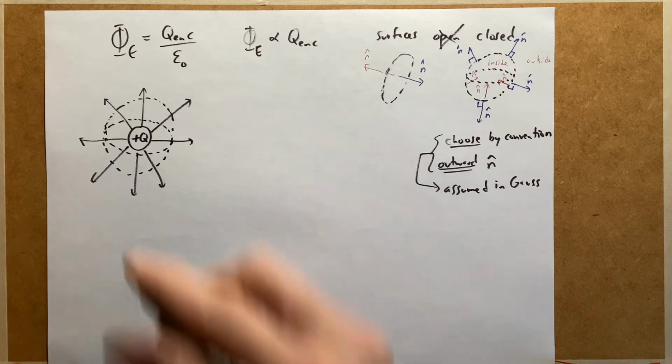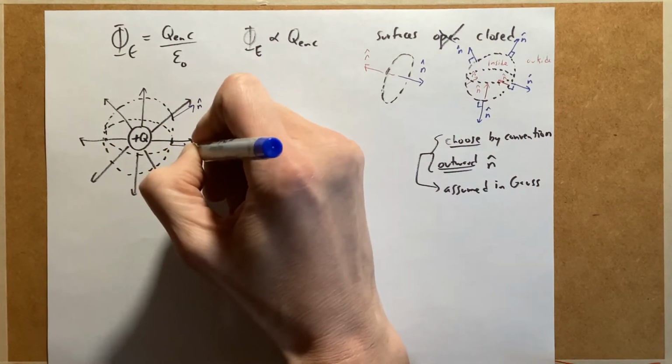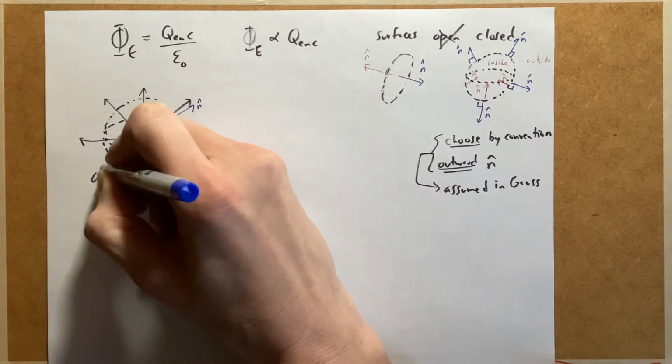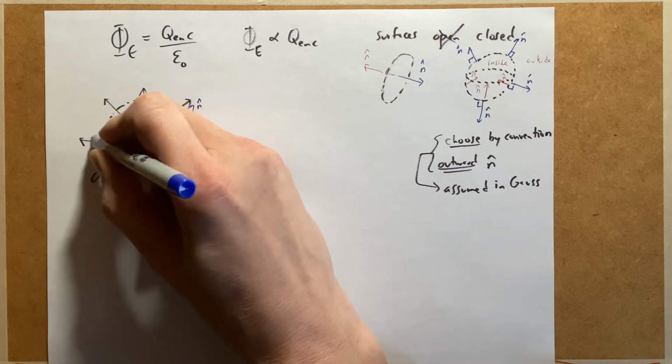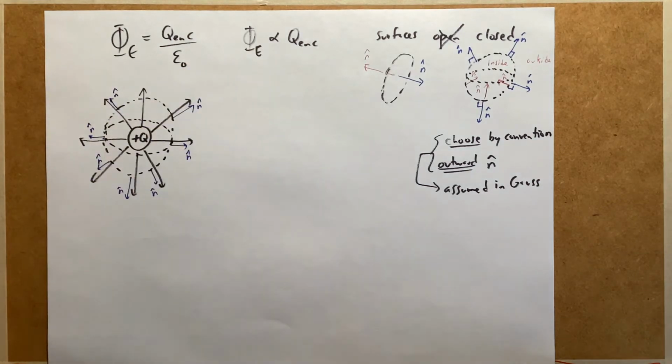On that surface, the outward-facing normals look like this. And what you can see is the electric field lines point outward, the normals point outward.